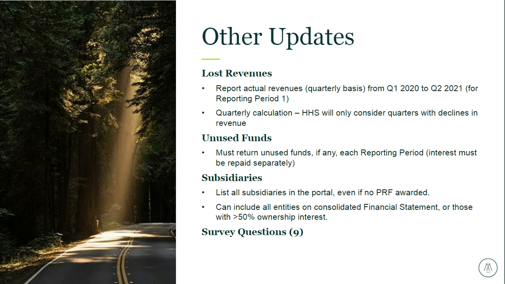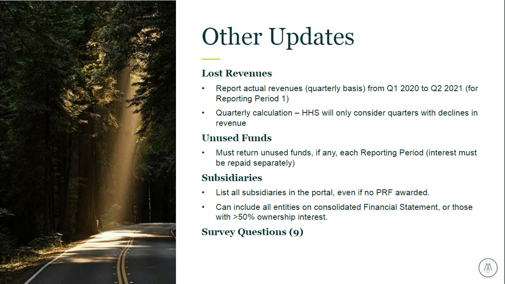So let's say you're doing option 1 and you're doing a year-over-year comparison. If you have losses in a quarter, those can count as your lost revenues that you're using PRF funds for. If you have relative gains, let's say your revenue went up in Q3 and Q4 of 2020 compared to 19, those really just get set back to 0.